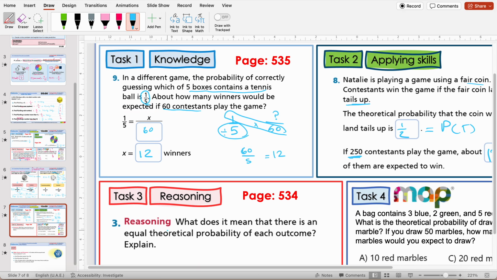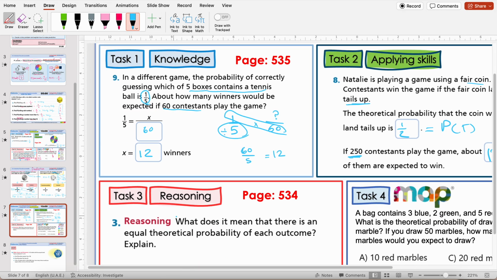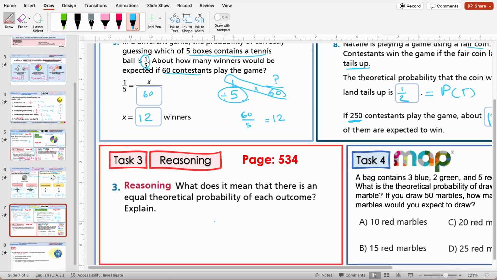Here, what does it mean that there is an equal theoretical probability of each outcome? So, for example, equal theoretical probability in flipping a coin. In flipping a coin, the probability of landing on heads is 1 out of 2. The probability of landing on tail is 1 out of 2.